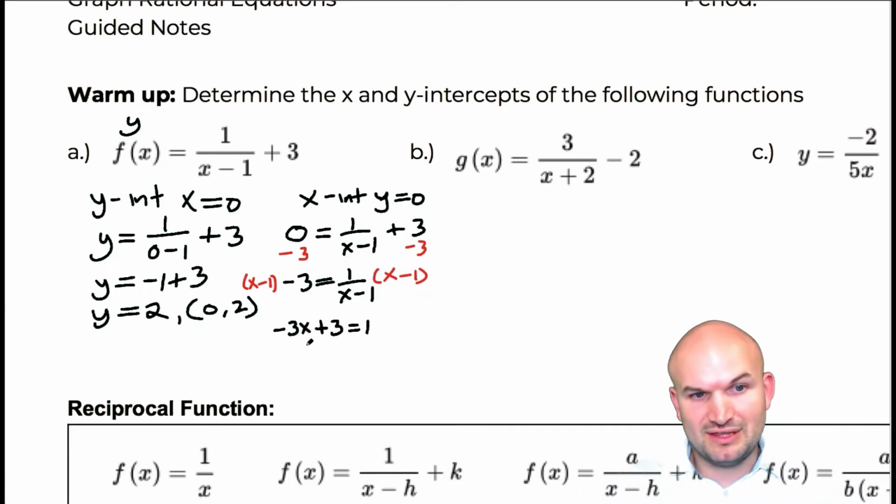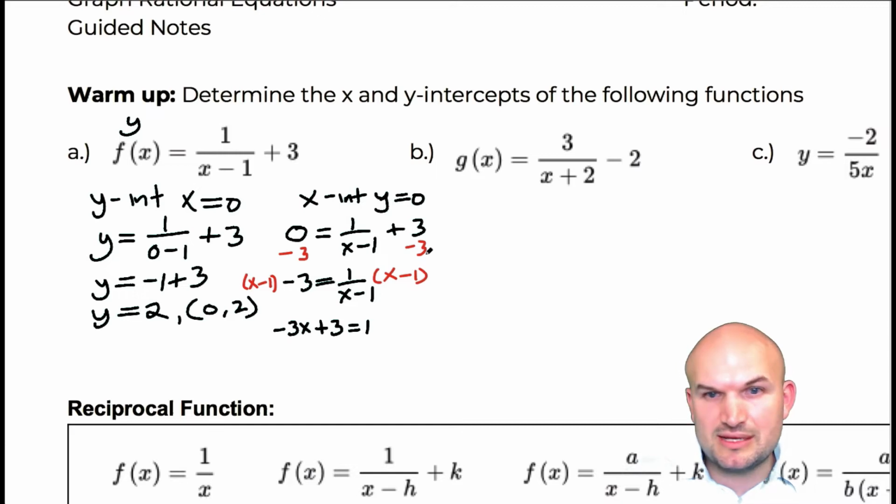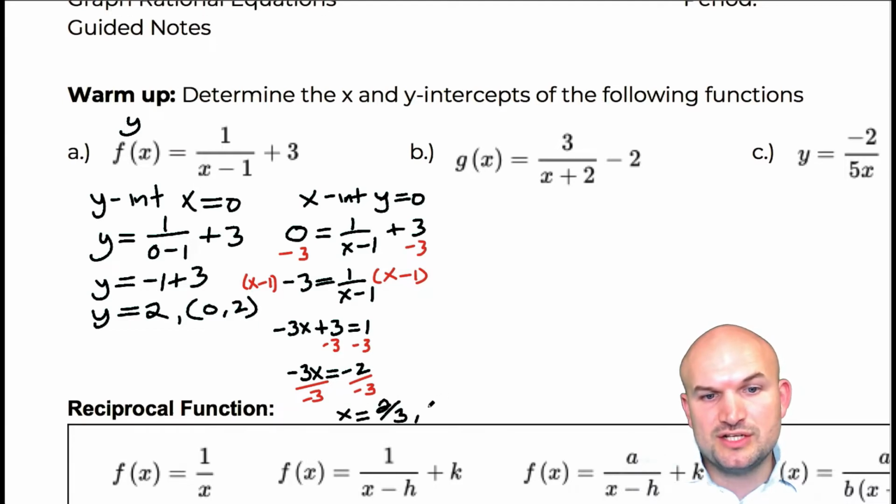I'll do it step by step. Then we subtract the 3, and now I have negative 3x is equal to negative 2, and then divide by negative 3. Our final x-intercept is x equal to positive 2/3.